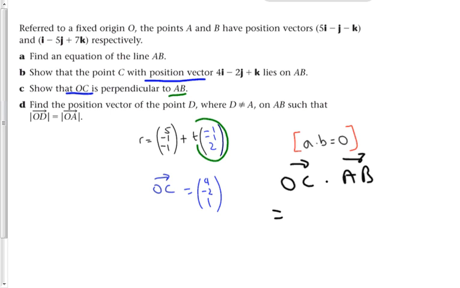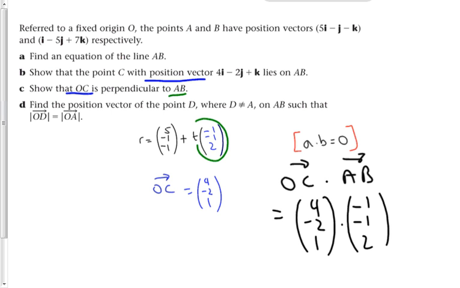That is equal to 4, -2, 1 dot -1, -1, 2. And let's see what we get. We get -4 plus 2 plus 2, which equals 0. And therefore, OC is perpendicular to AB.